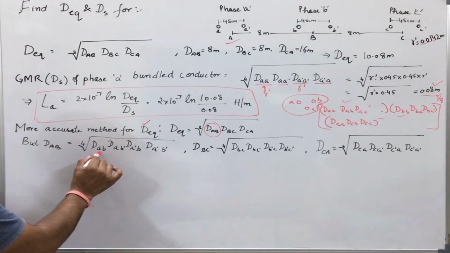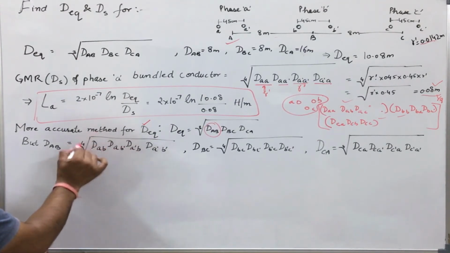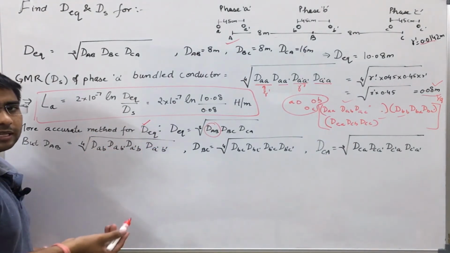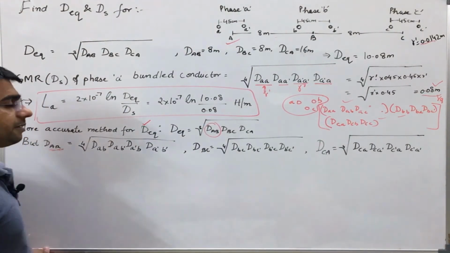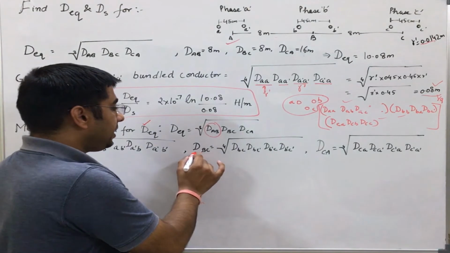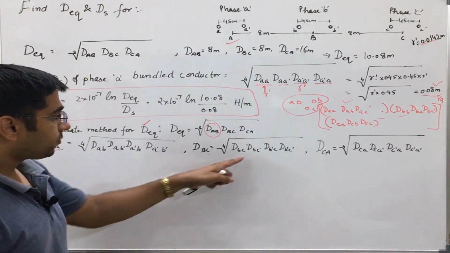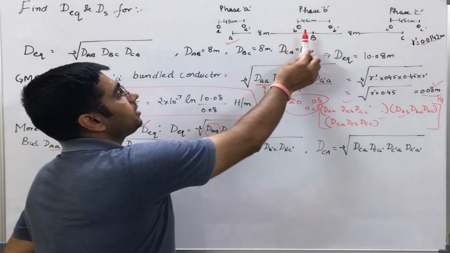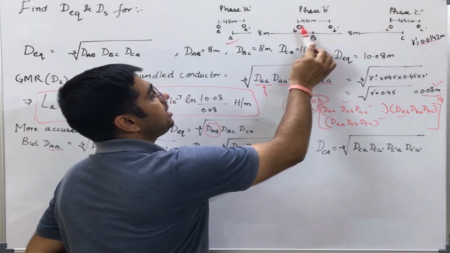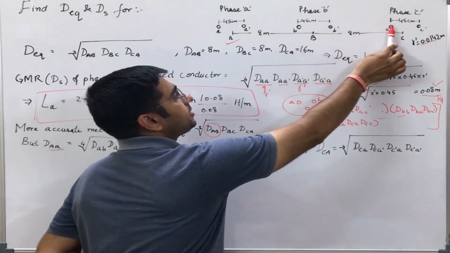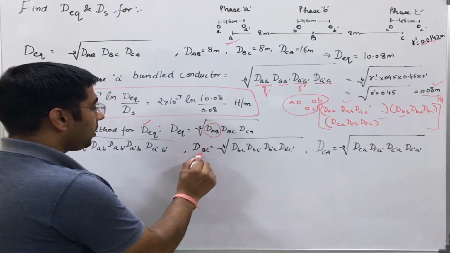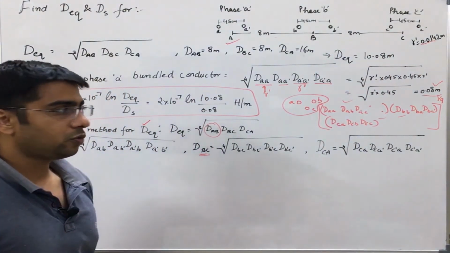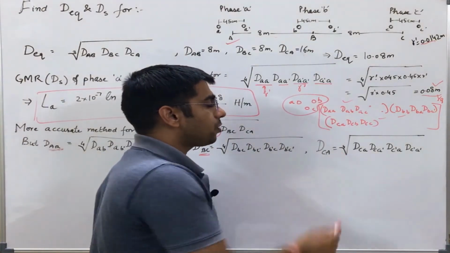So how many terms are there? 1, 2, 3, 4. I will take the 4th root. That is, the 4th root will be taken to calculate the value of DAB. Similarly, I will calculate DBC by using this formula, that is, taking the distances DBC, DBC dash, DB dash C, DB dash C dash. In this way, I will calculate DBC by taking the 4th root. Similarly, DCA can be calculated.